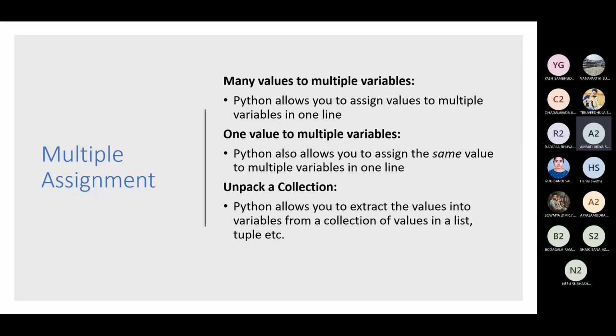You can take many values of data which can be stored in many variables, and also a single value can be stored in multiple variables. And the other one is unpacking a collection. Collections are data types like lists, dictionaries, sets, and tuples. Python allows you to extract the values into variables from a collection of values in a list, tuple, dictionary, or set. We'll just see that.